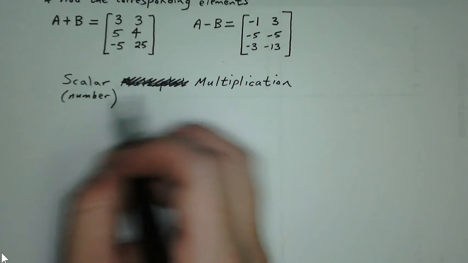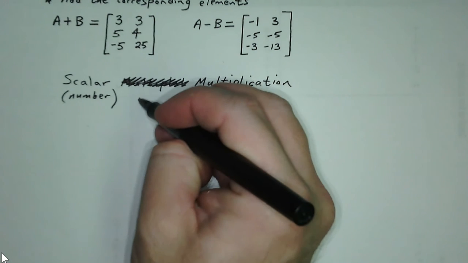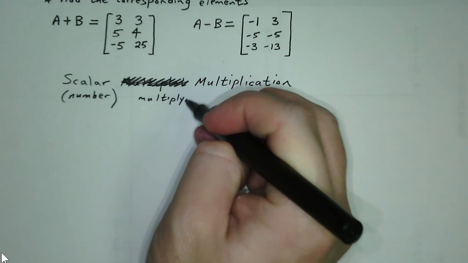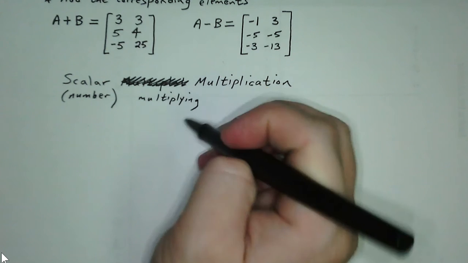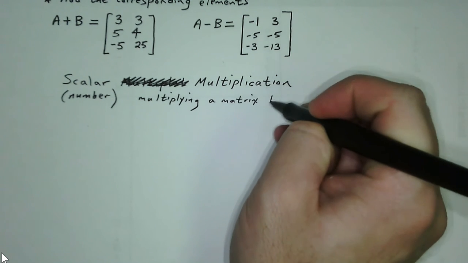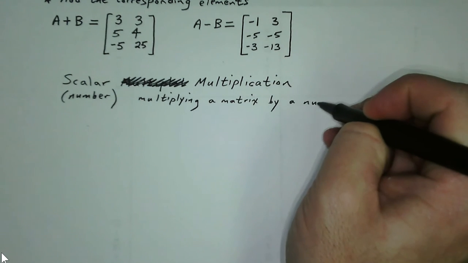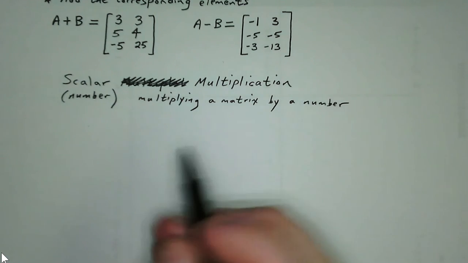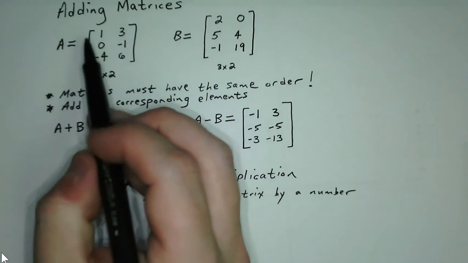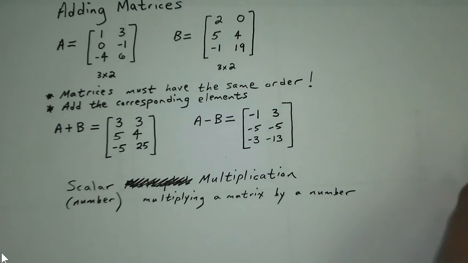So all we're doing here is multiplying a matrix by a number. I'm just going to use the same matrix A and matrix B from up here.